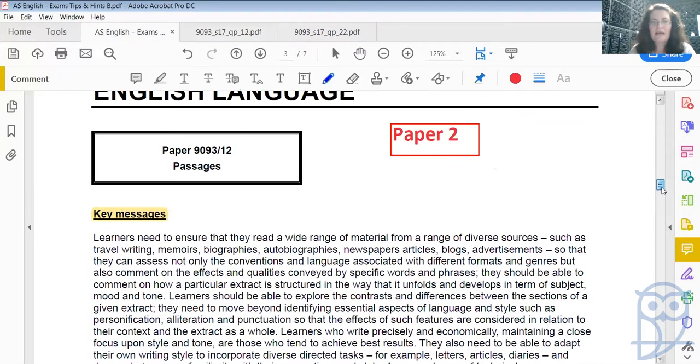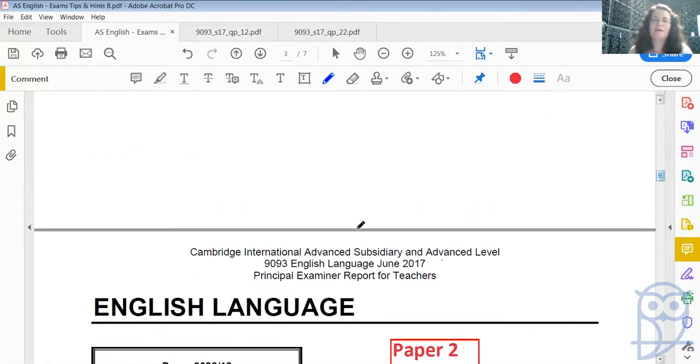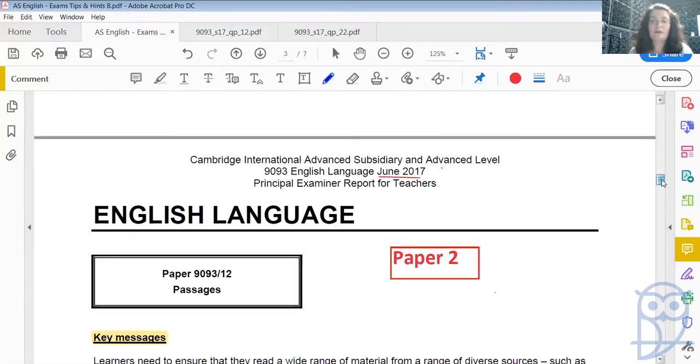Now, let's just look at some of the examiner's comments on these 2 particular exam papers, and we're going to focus on the paper 2 comments here.